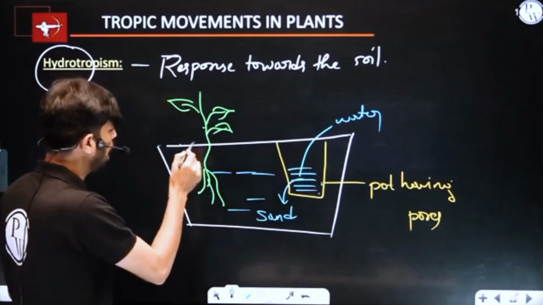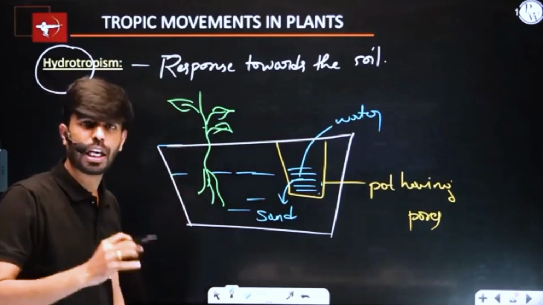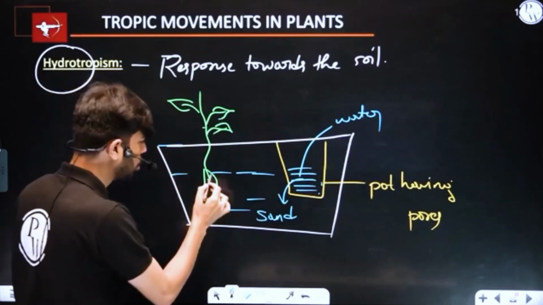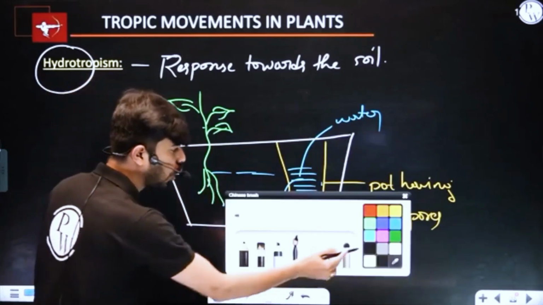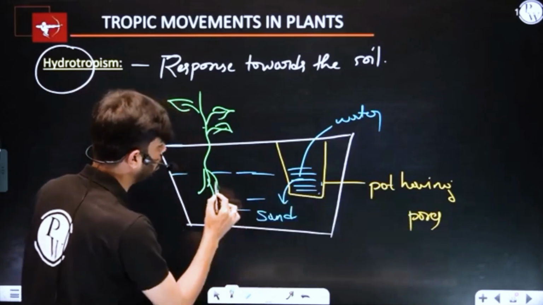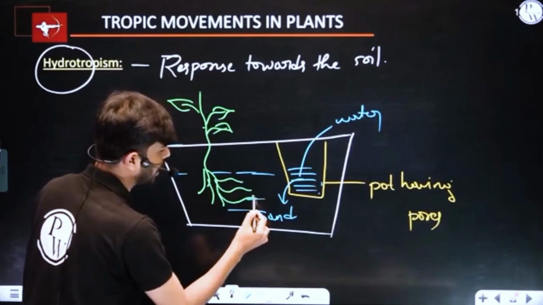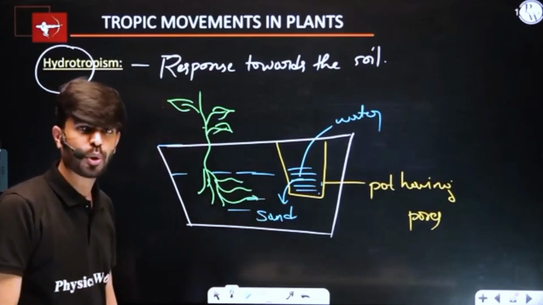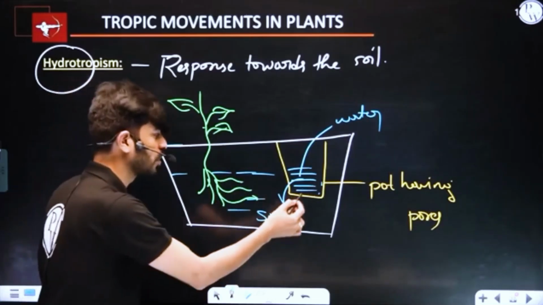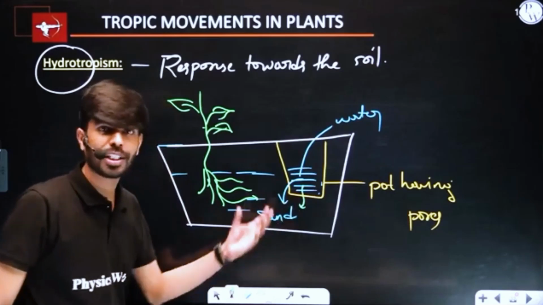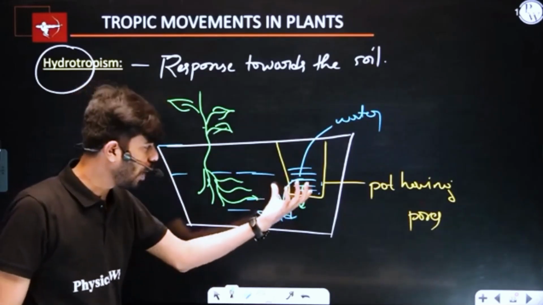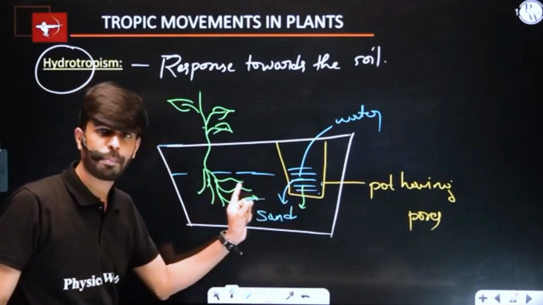Now after some time, ಕೆಲವು ಸಮಯ ಆದ್ಮೇಲೆ, these roots started to grow towards this particular pot. ಈ pot ಕಡೆಗೆ ಏನಾಗುತ್ತೆ, ಗ್ರೋ ಆಗಲಿಕ್ಕೆ ಶುರು ಆಗುತ್ತೆ. So that doesn't mean it is phototropism. No, because here water is there. ಅಲ್ಲಿ ವಾಟರ್ ಇದೆ ಇವಾಗ, ಹೌದಲ್ವಾ? ಸೊ ವಾಟರ್ ಕಡೆಗೆ ಏನಾಗ್ತಾ ಇದೆ, ರೂಟ್ಸ್ಗಳು ಡೆವಲಪ್ ಆಗ್ತಾ ಇದೆ.